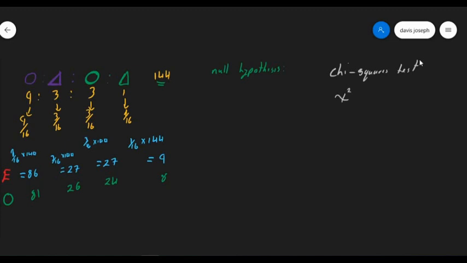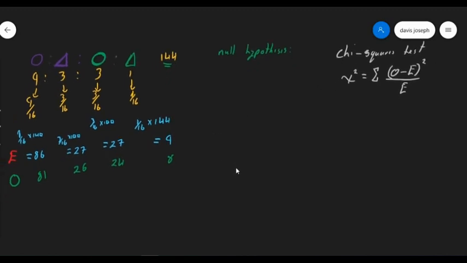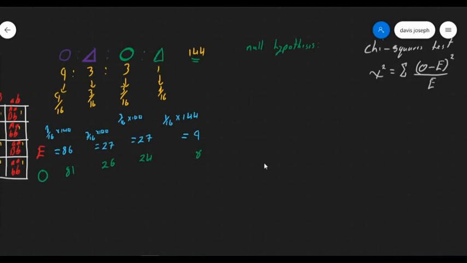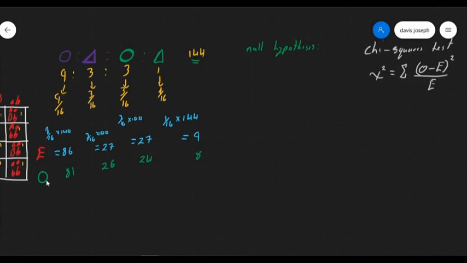And this test states that we take our observed minus our expected, all squared, over our expected, and it would be the sum of all those values. So we have our observed, we have our expected.